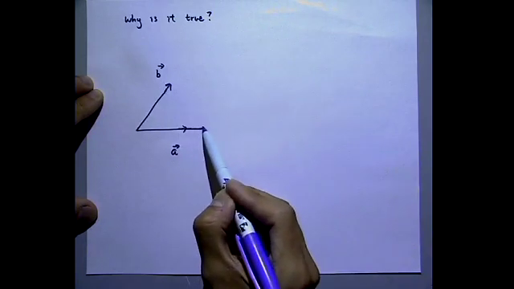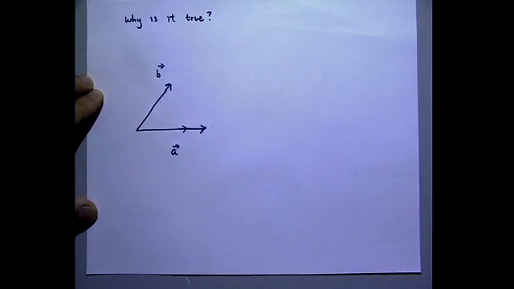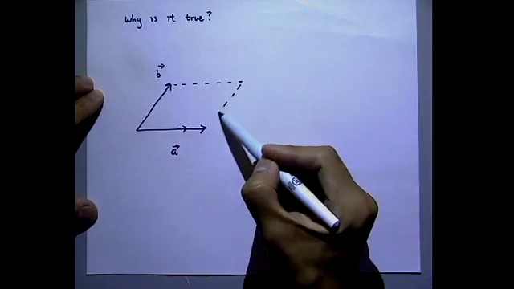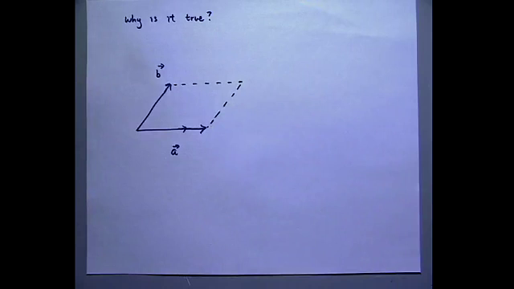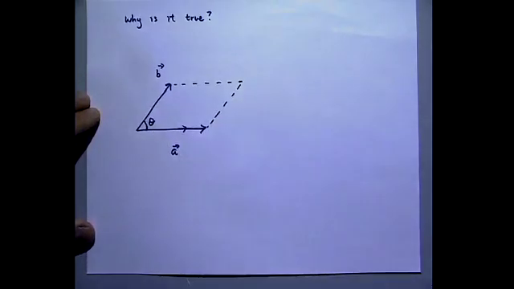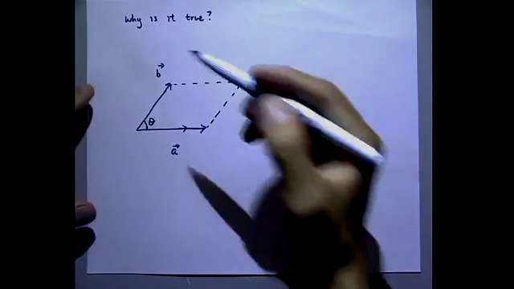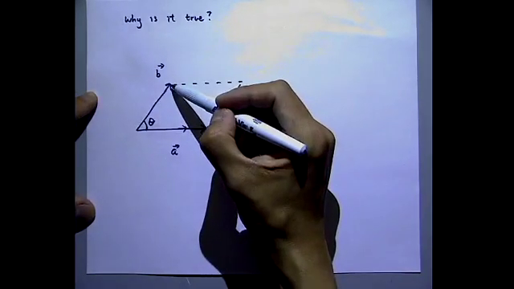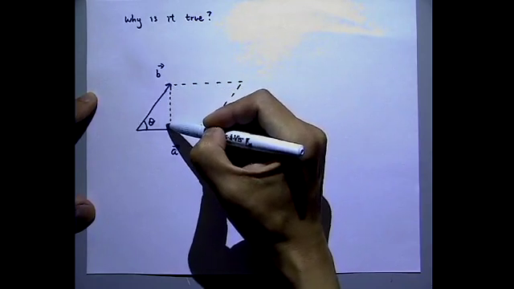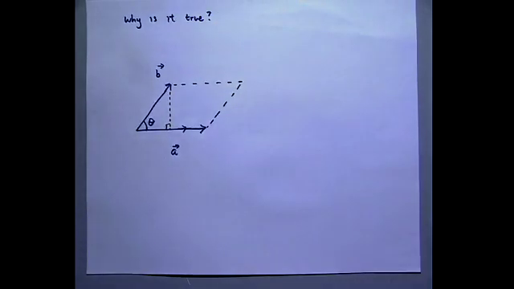And actually, for convenience, let me draw A a little bit longer. First, we know the angle here between A and B is theta, right? And then I'm going to take a line from the tip of B, dropping it, and form a right angle with A.